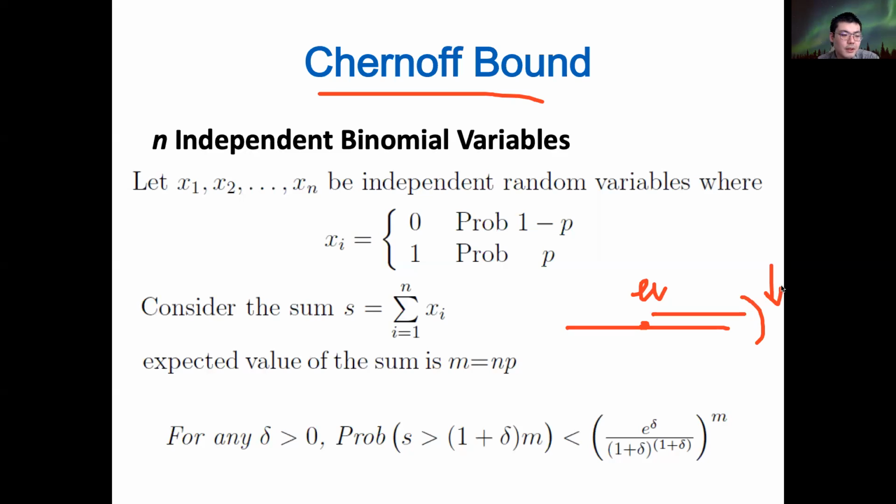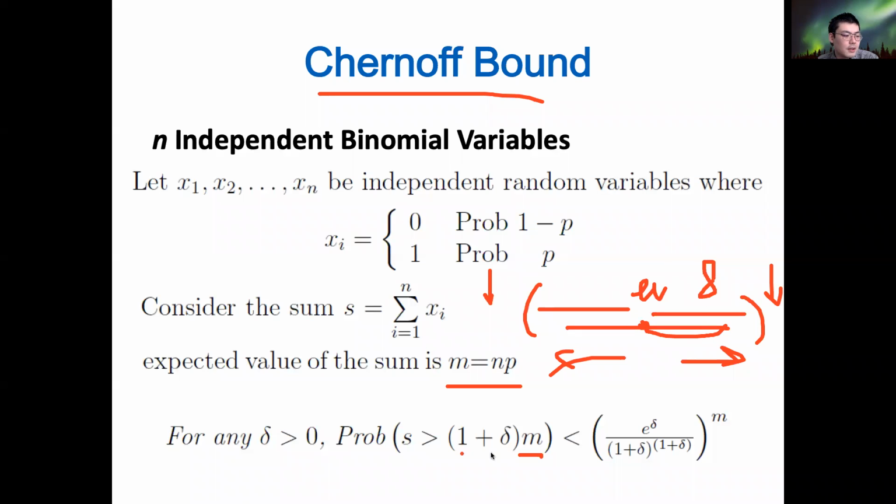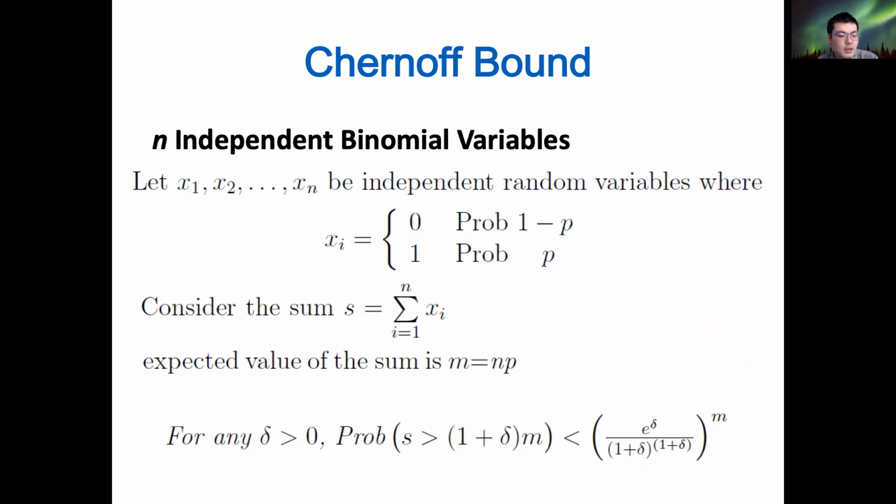You can also say it's much smaller than my mean. So we need to decide a direction. Here in our case, we're talking about larger than the mean value by a delta fraction. So this is on the right hand side. We also have another conclusion with minus delta. We'll see that shortly.